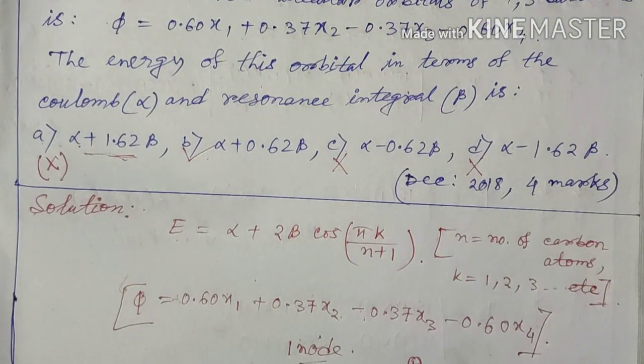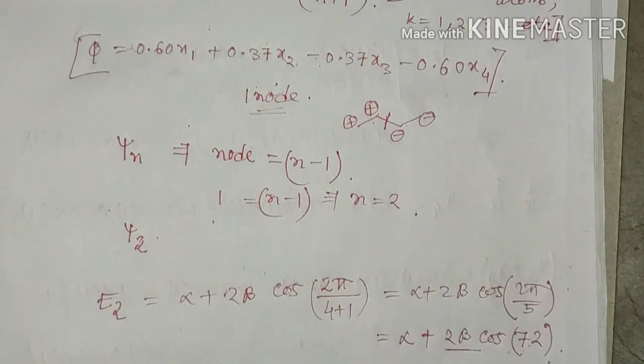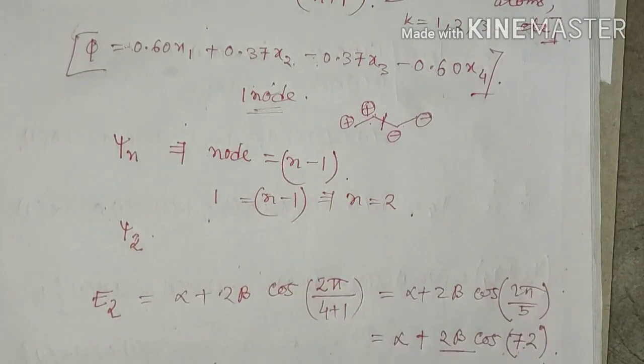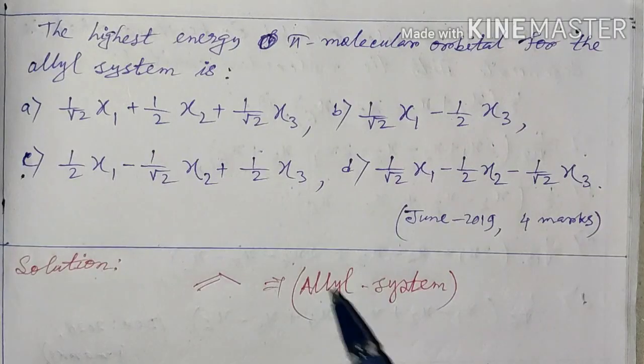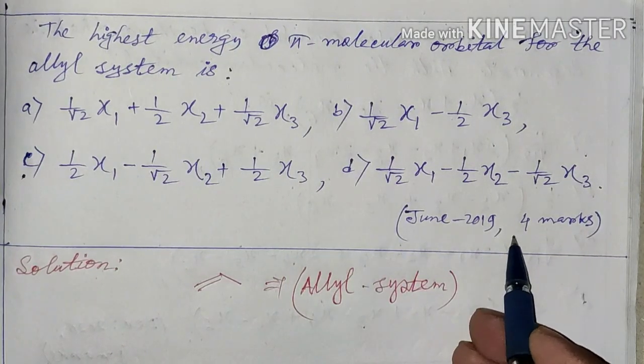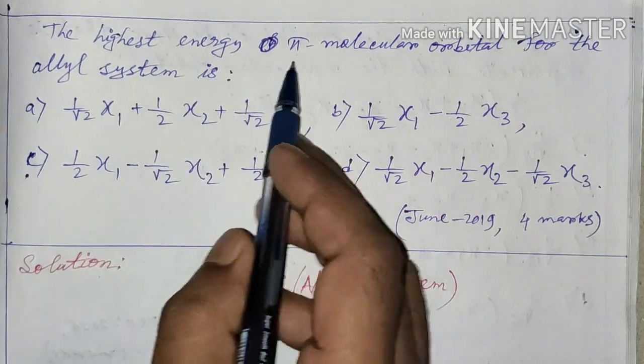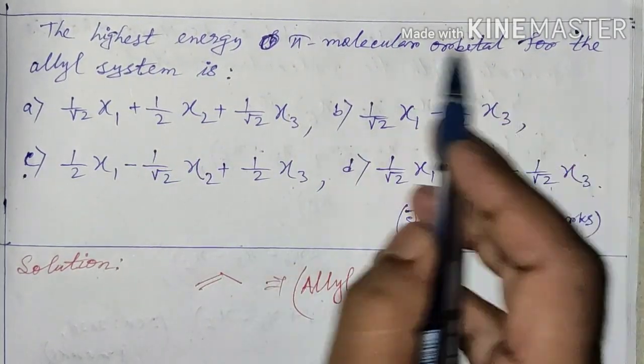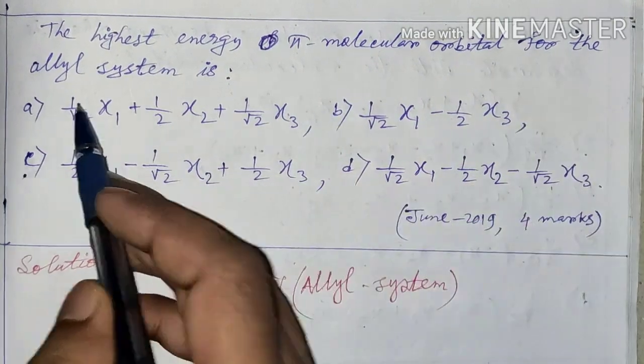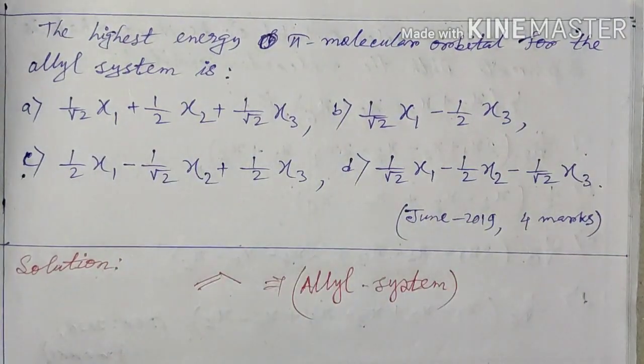Is it okay? You can take a screenshot of this one. This question came in June 2019 for 4 marks. From this question we can see that we have to identify the highest energy pi molecular orbital for the allyl system.